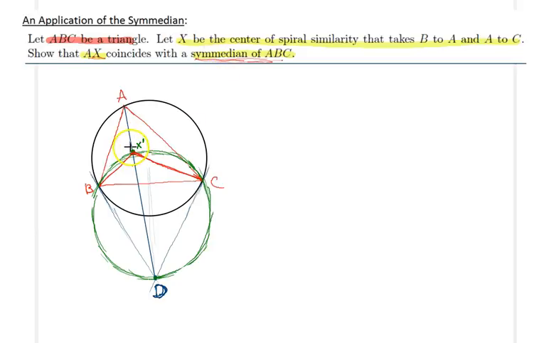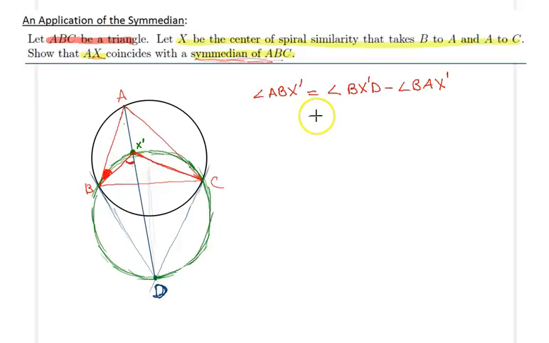Let's start with angle ABX prime. Notice its relationship to the angle BX prime D: it is BX prime D minus BAX prime, because those two internal angles add up to an external angle here.